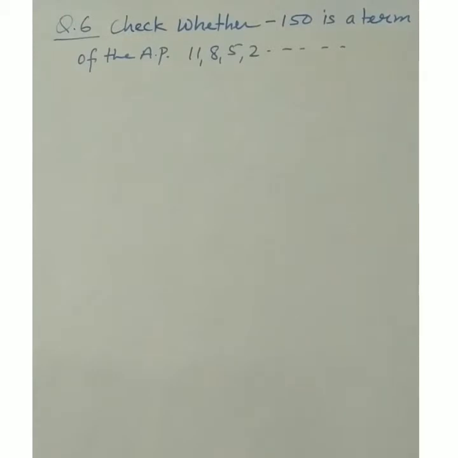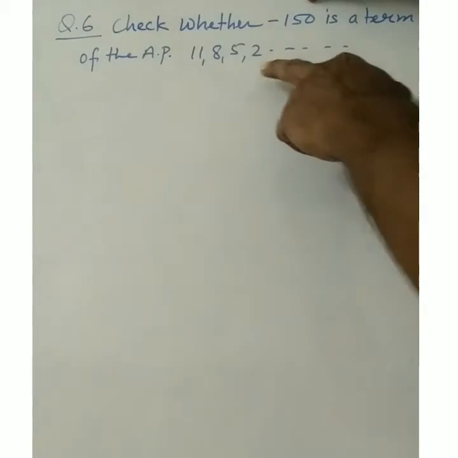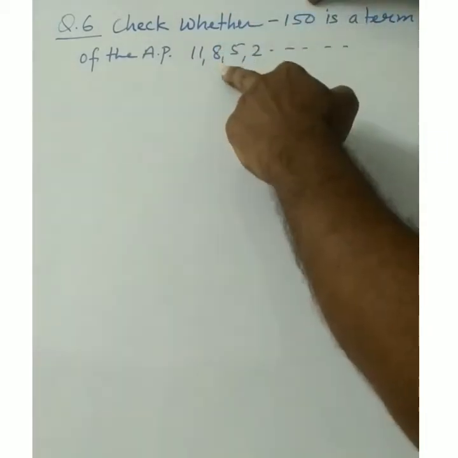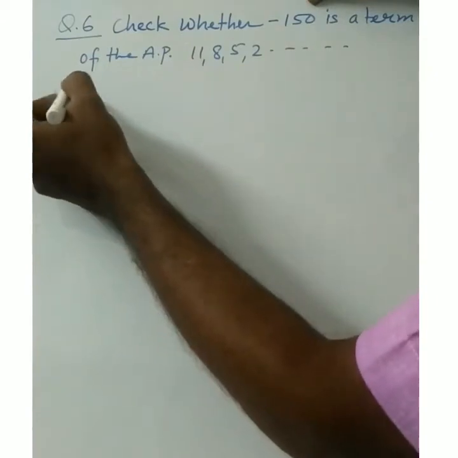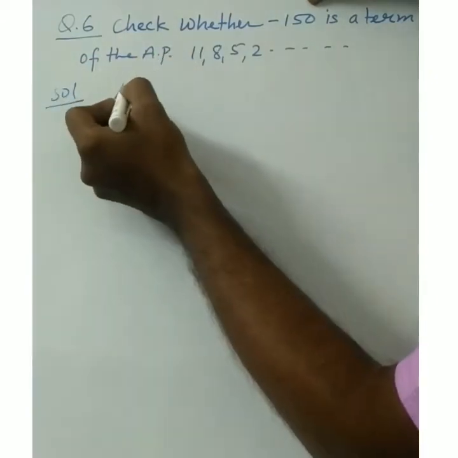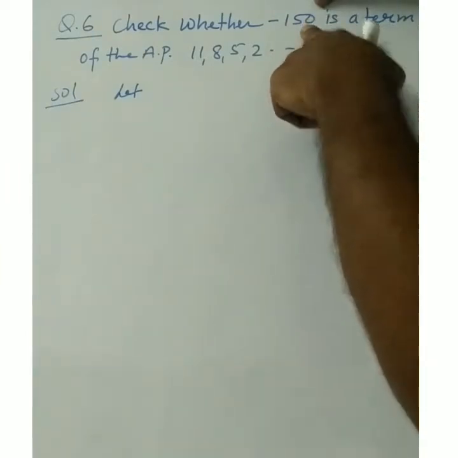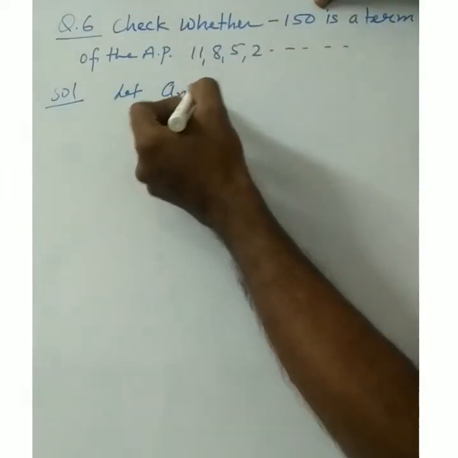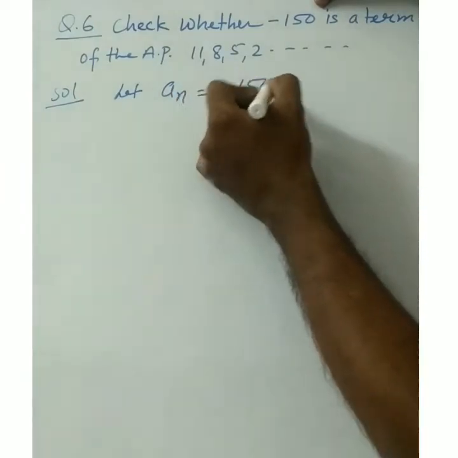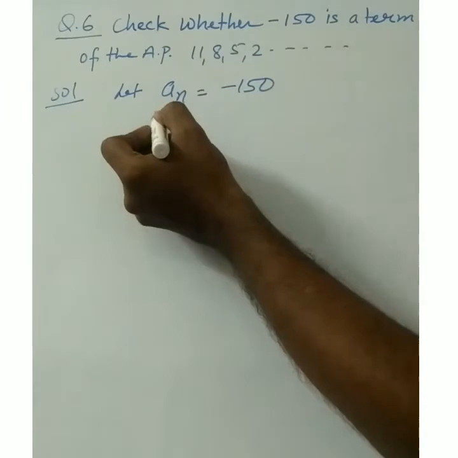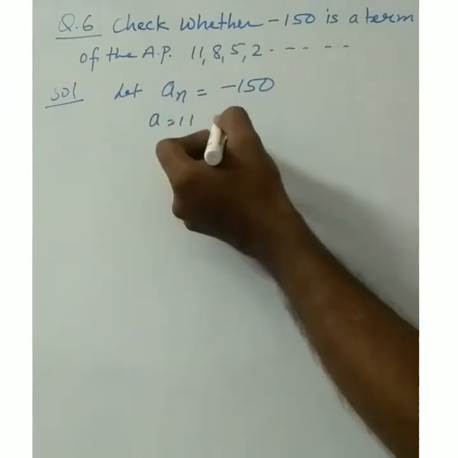We have to check whether this minus 150 is a term of this AP or not. We have to find out whether it is a term of this AP or not. So we assume that it is nth term of the AP. AN equal to minus 150. A is given 11.